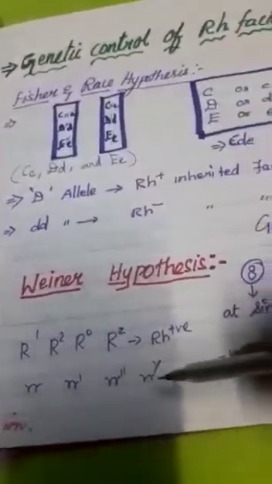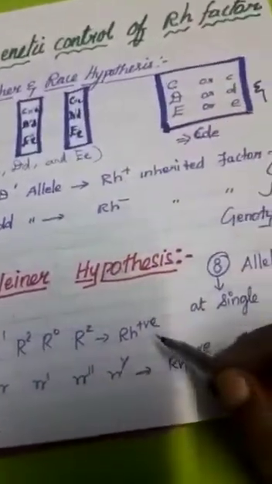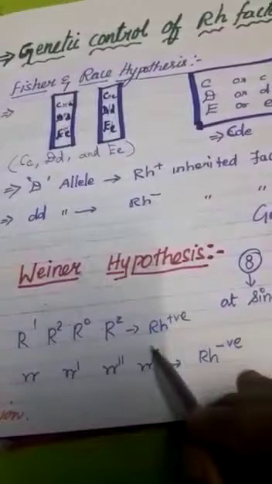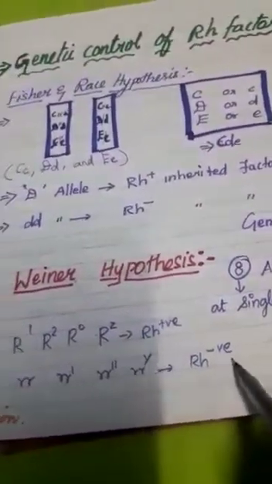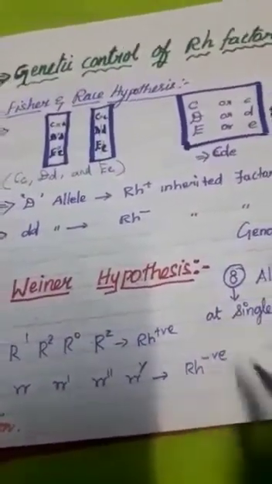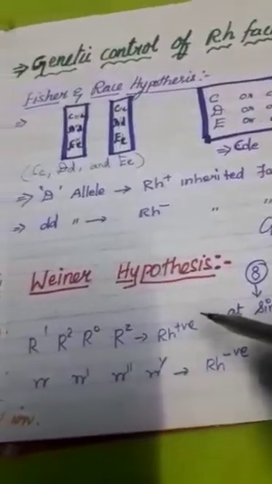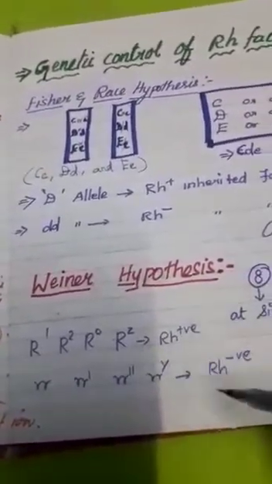The Wiener hypothesis also gives the result that Rh positive and Rh negative phenotypic traits arise depending on the dominant allele and the recessive allele. So all genotypes carrying the dominant allele will be Rh positive. If it is a recessive allele, Rh negative.